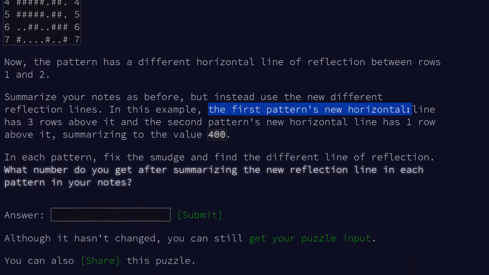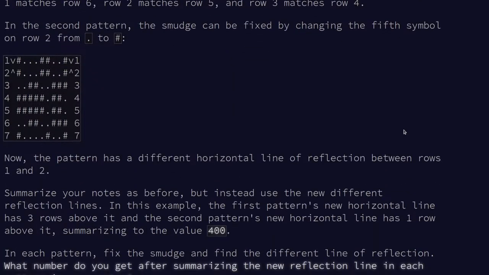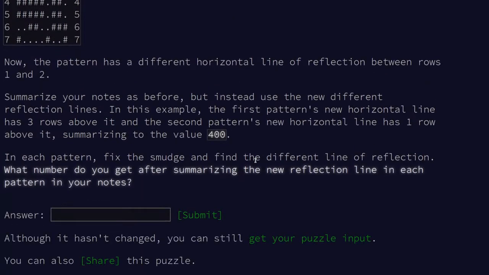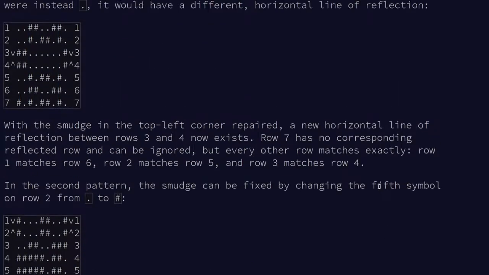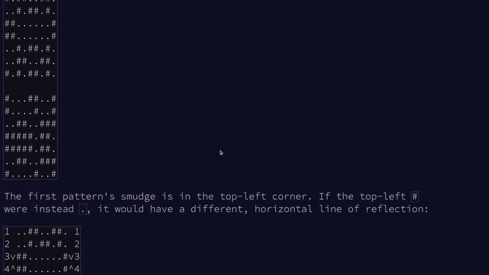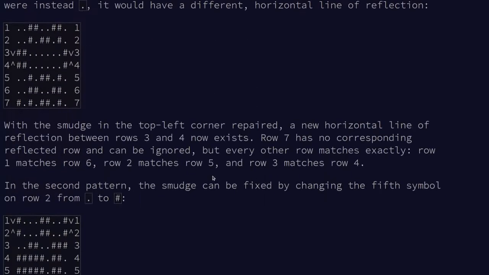They are saying that the first pattern, okay, find a different line of reflection. What if there are multiple of them? Each pattern fixes the smudge, find a different line of reflection. And for this test case only, they just changed this to a dot. And what did they do in the other?